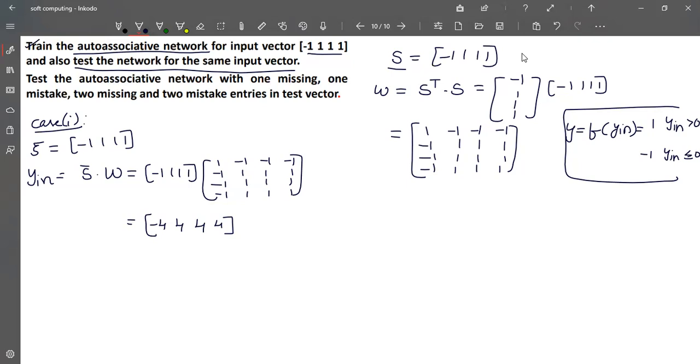So after applying our activation function, our y is -4, which is less than 0, so -1, and the three 4s are greater than 0, so 1, 1, 1. If you see here, our obtained y is equal to our initial input value. So we have obtained the correct response.